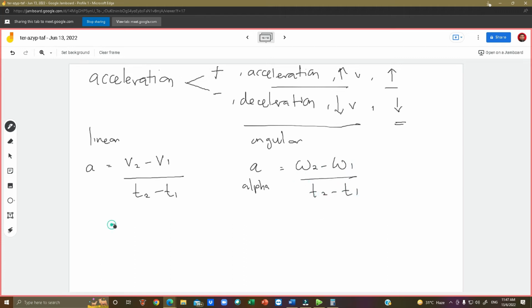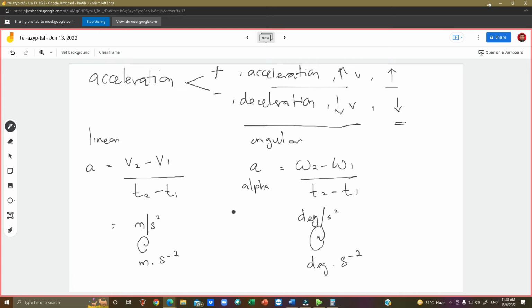Jadi unit dia ialah meter per second square ataupun meter times second negative 2. Untuk angular, we have degree per second square ataupun it can be degree times second negative 2.